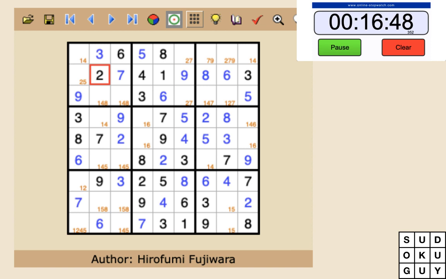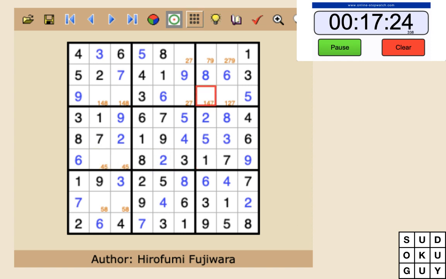This is the only place that 2 can go in that row. We know which way the 2 and 5 go now. We know which way this 1 and 5 go because of this 1 here. And now we know about these. And we know about these. 6, 4, 1, 6, 1.